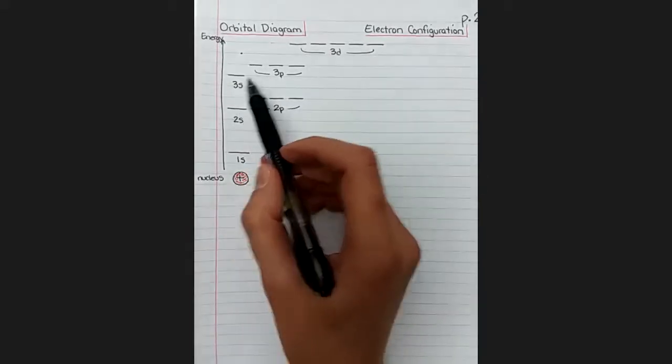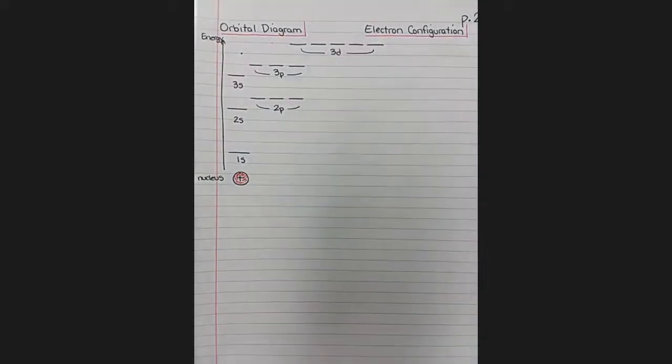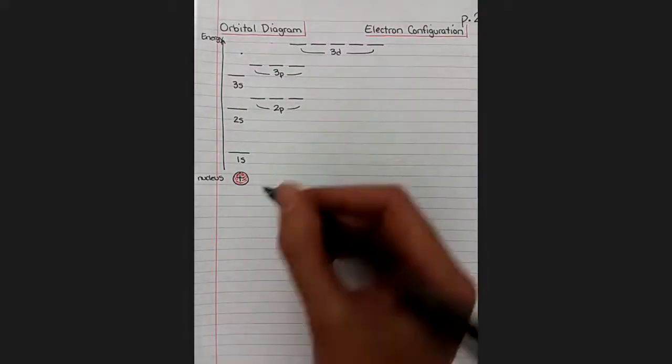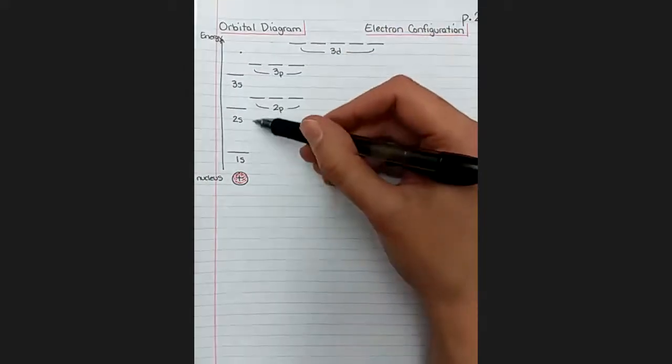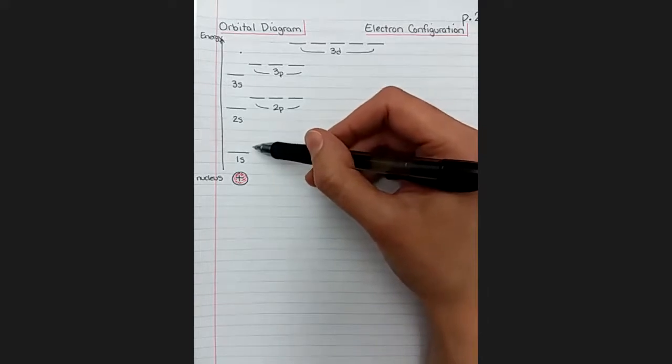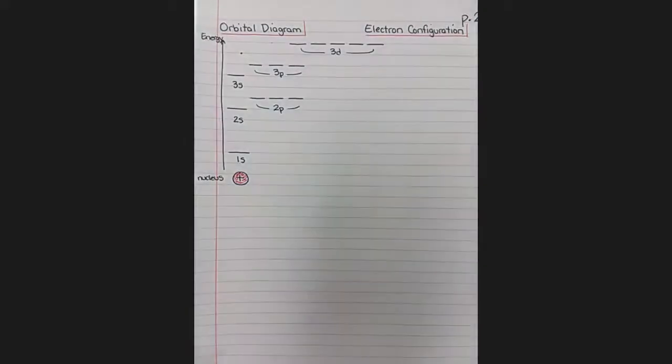The s subshell has 1, the p subshell has 3, and the d subshell has 5 orbitals. And so as we move from low to high principal quantum number, we increase in energy. It's much more significant of an increase at the beginning and a bit less of a significant increase a little bit later on. And so this is called an orbital diagram.